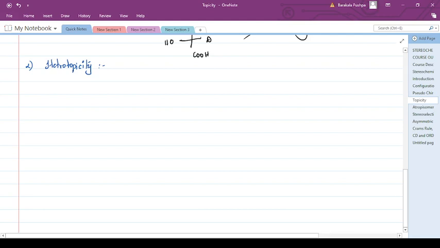No hydrogen A, no hydrogen B. That is why they are called homotopic. But in homotopic, groups must be identical and must have the same constitution and configuration, whereas in heterotopicity it is not necessary that groups should be identical. For example, you consider a molecule. Now we are going to complex structures.